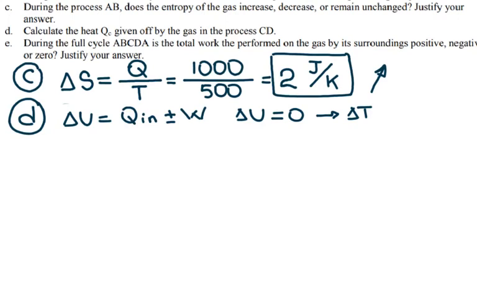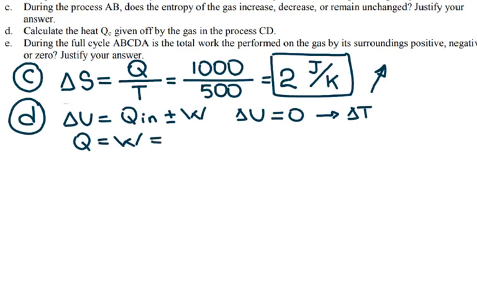We have that Q in an isothermal process is going to be the work done by the gas, and we have to decide whether it's negative or positive depending on whether there is expansion or contraction of the gas.